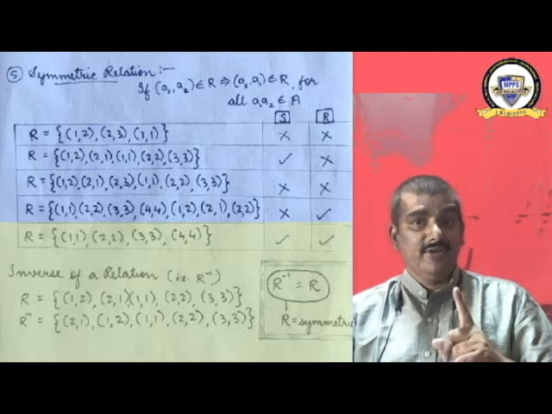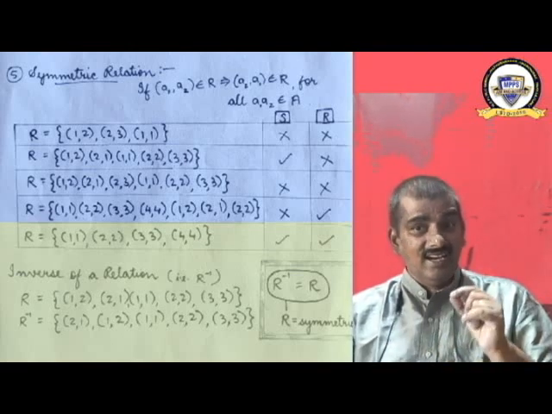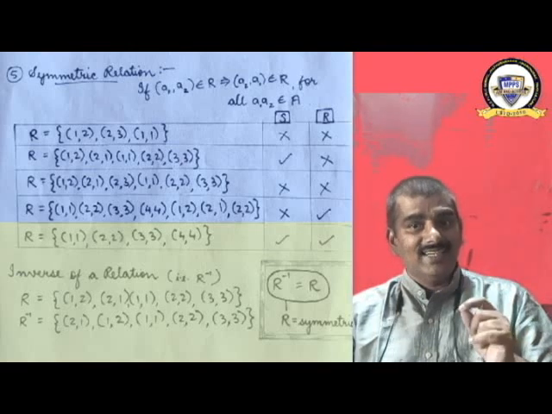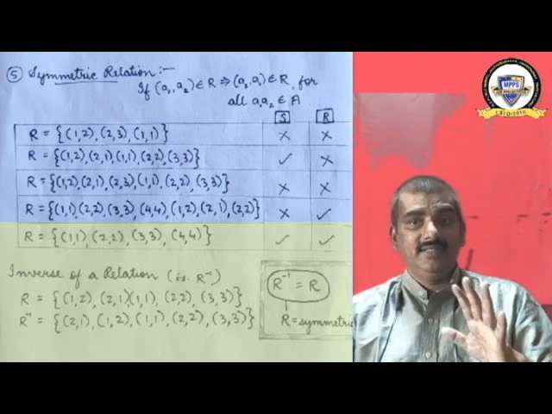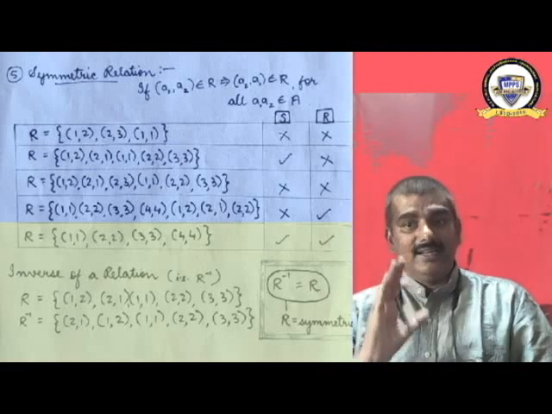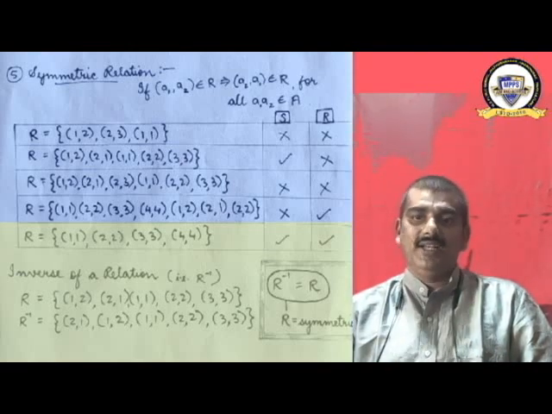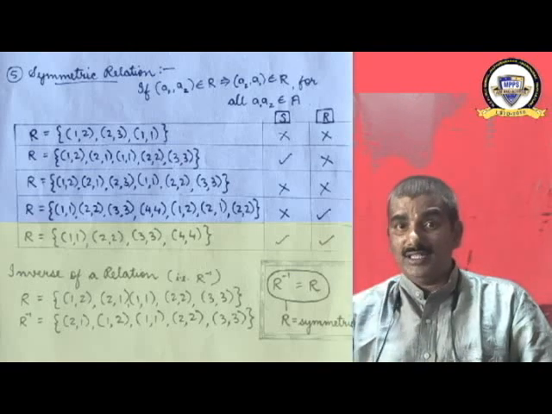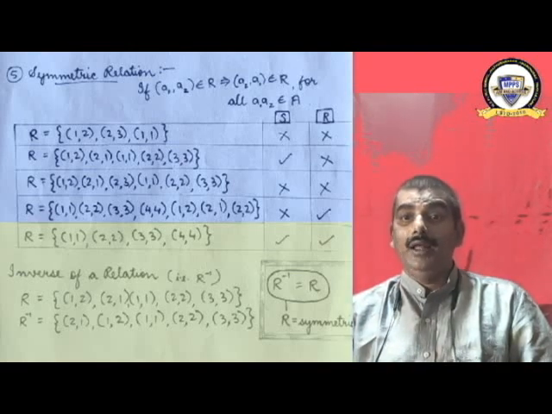See the definition for symmetric relation: if a relation and its inverse relation are the same, then it is a symmetric relation. Otherwise it is not a symmetric relation. See the fourth relation: 1 1, 2 2, 3 3, 4 4, 1 2, 2 1 and 2 3.